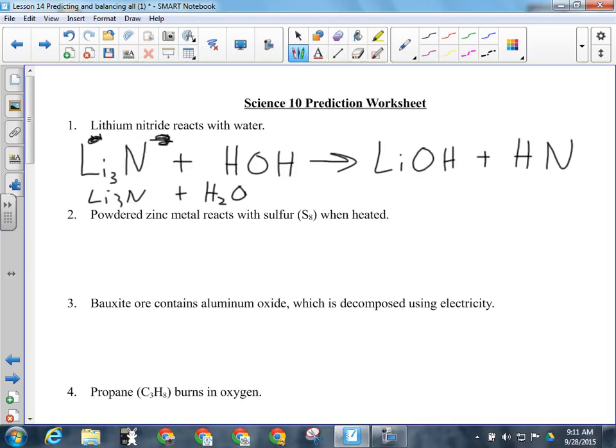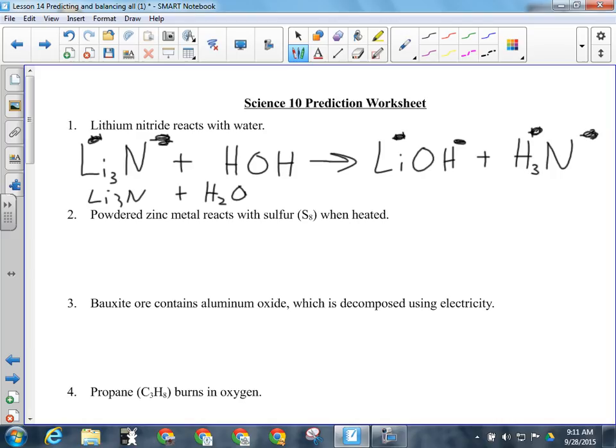Drop and swap. They're both ionic. So -1, +1. Do I have to do anything with that? Should I put brackets on that one? No, because I don't need to write a number beside OH. I don't need to write brackets either. And then for this one, I've got -3 and +1, so we've got H3N there.